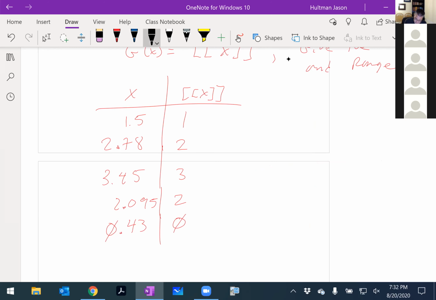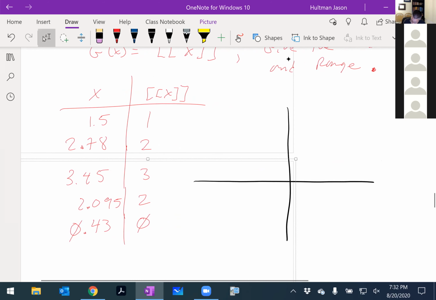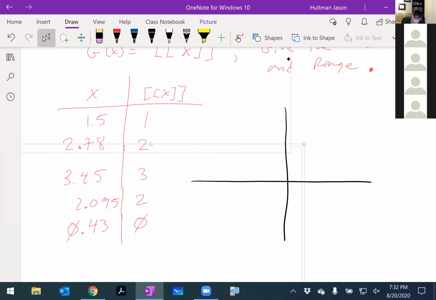Professor, this function rounds all the numbers down to whole numbers.